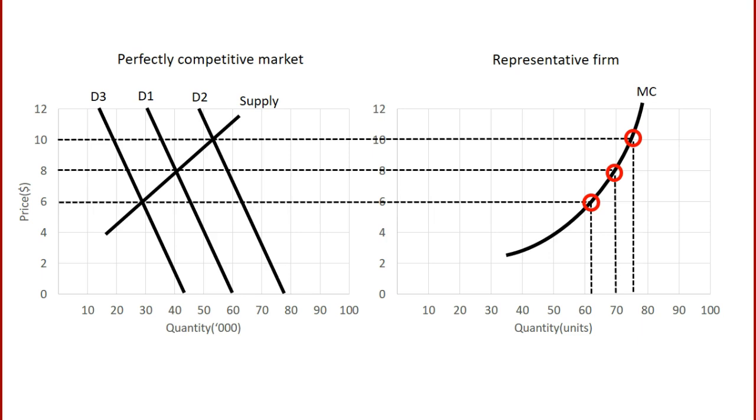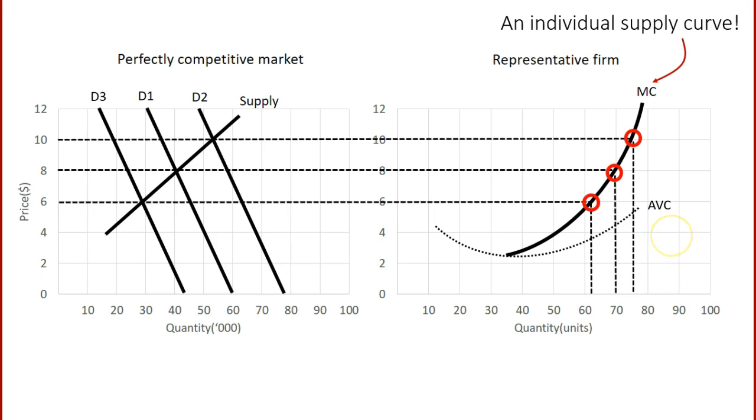So what is this marginal cost curve functioning as? Well, it's functioning as a supply curve. It's telling us the various quantities supplied by an individual firm at various equilibrium prices. The marginal cost curve is the firm's individual supply curve.